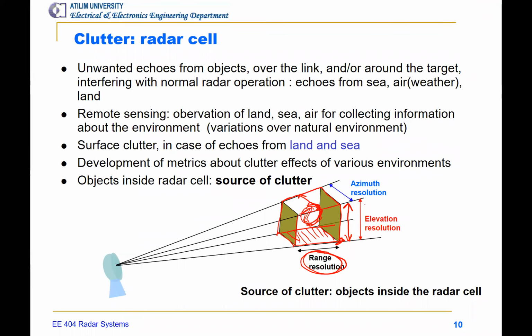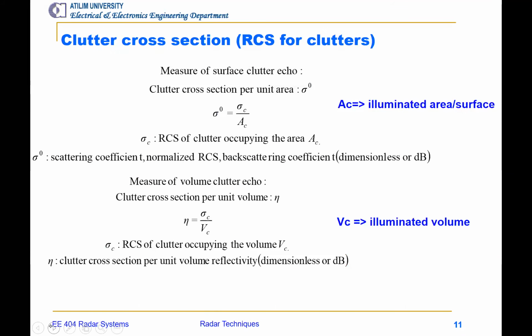We'll be talking about it in the next slides. Before that, we talk about metrics. There are two types of clutters that we'll be talking about in this slide: surface clutter echo, surface clutter, and volume clutter.